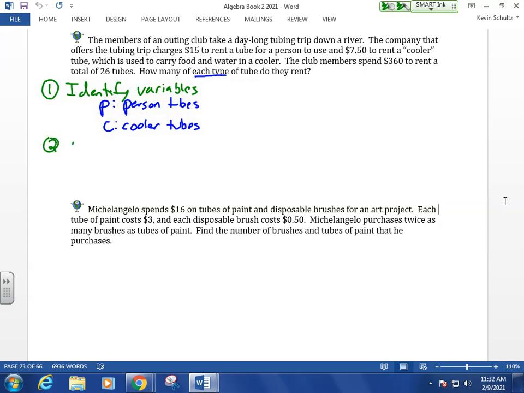Step 2 is to identify the totals. What information in this situation tells you what our two equations are going to equal? Look for the different units. What are we talking about here? Noah? Okay, so one equation is going to equal 360, and that represents dollars, or if you want to put cost.